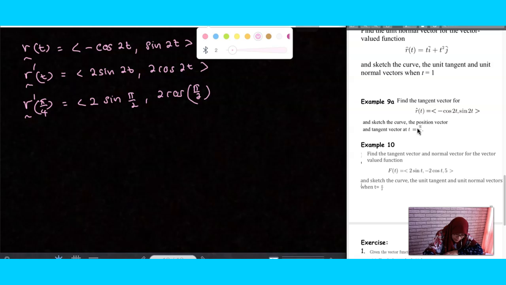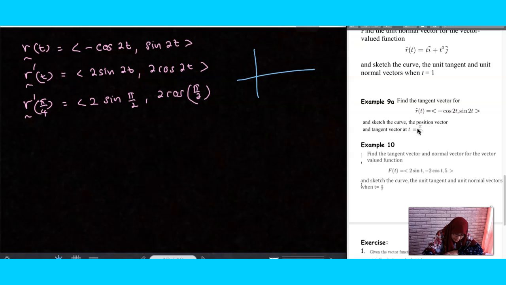So the graph of sine, pi over 2, so 1. Just 2. Okay. And then the graph of cos, pi over 2 here. So 0. So that is our tangent vector.